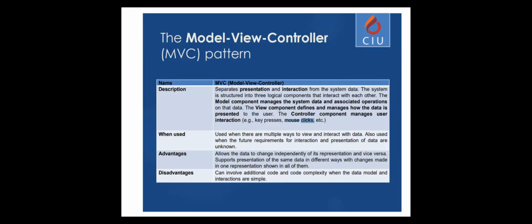There are specific advantages to this model, such as the independence of how you represent the data, and vice versa. You support presentation of the same data in different ways, which can adapt to the devices that the website or whatever you design is being accessed from, so that you will have different kinds of views for each environment.